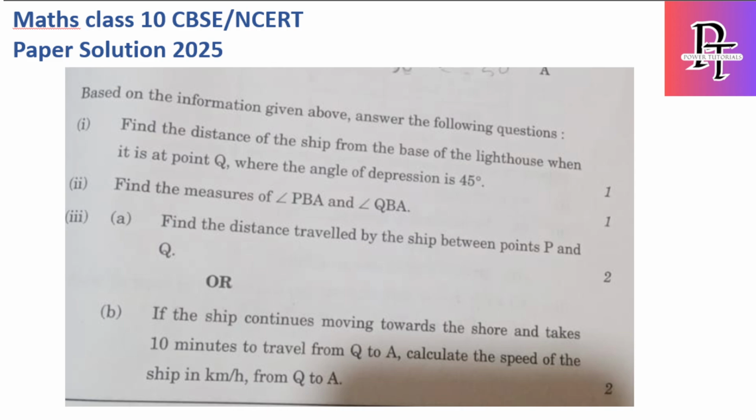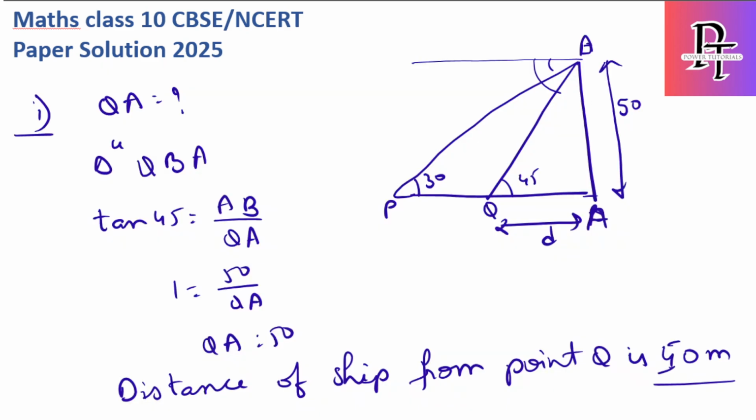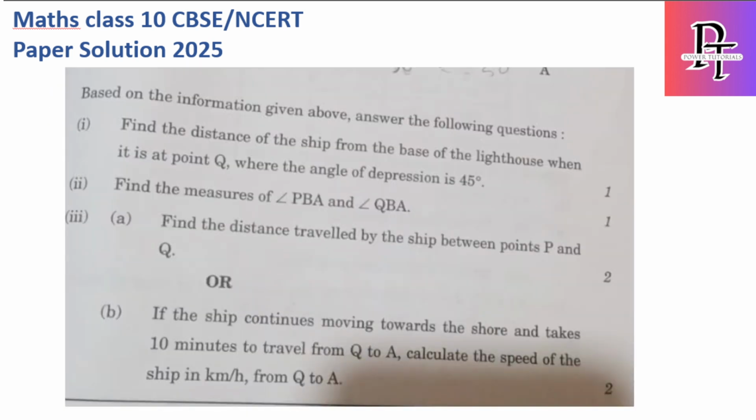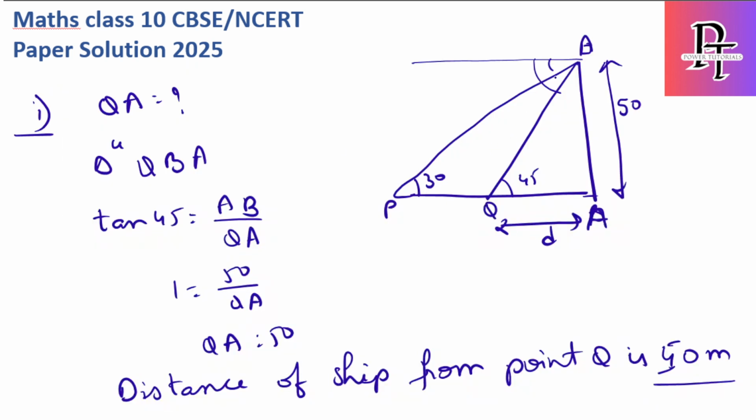Let's see the second point. Find the measures of PBA, QBA. PBA. Okay. So this is 45. Sorry, this is 45. Okay. This you can easily find by using this. This is a right angle, 90 degrees.